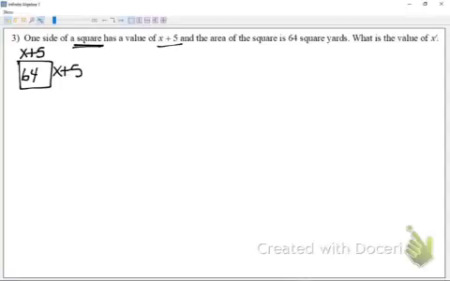So again, now that you know that squares have the same sides, go ahead and set up this problem and work through it. And if I can have the sub, please pause the video for me. When it looks like students are done with this problem, go ahead and resume it.